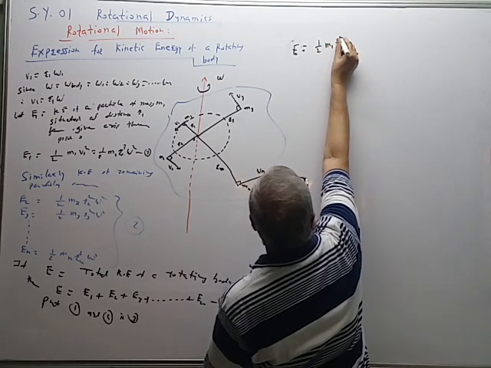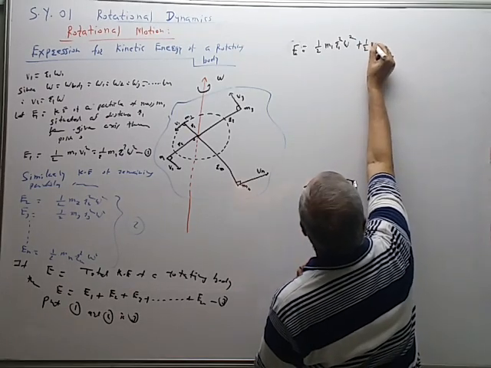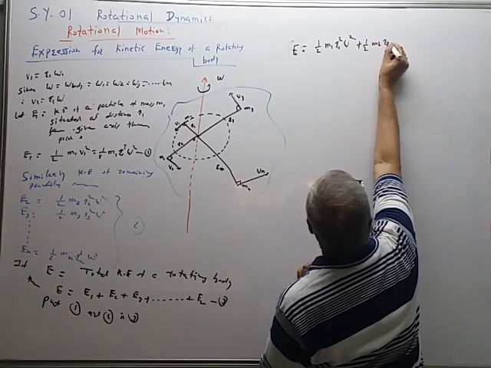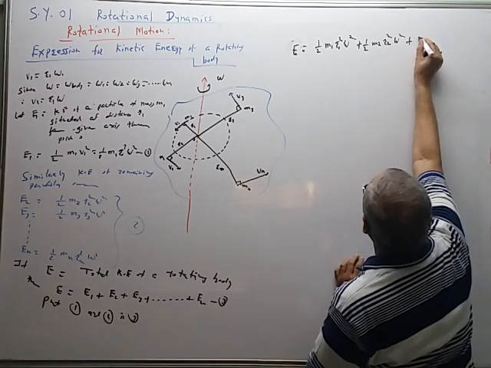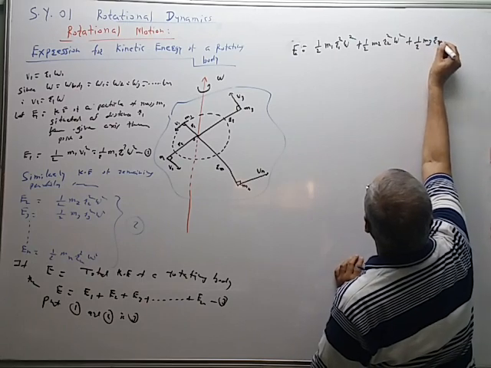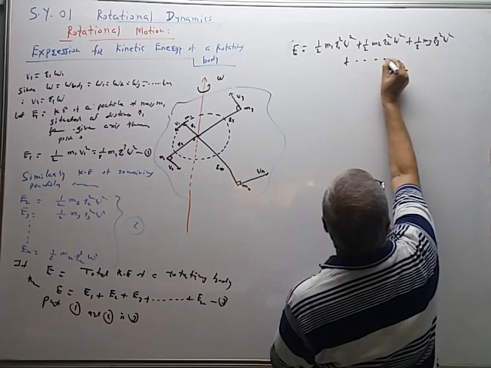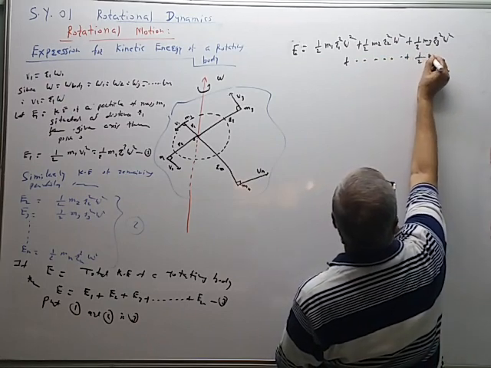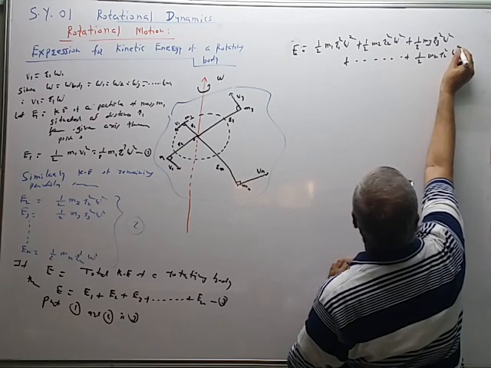So the kinetic energy of the total rotating body is given by E is equal to 1/2 m1 r1 square omega square plus 1/2 m2 r2 square omega square plus 1/2 m3 r3 square omega square plus, for the last particle, 1/2 mn rn square omega square.